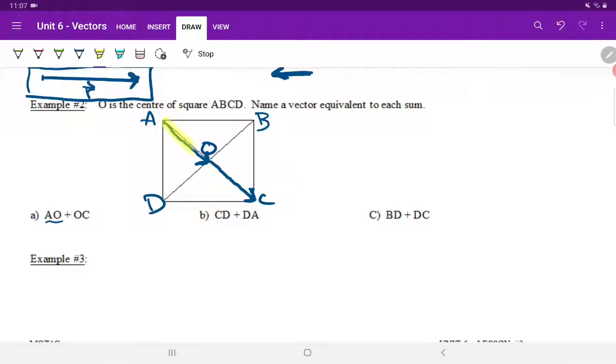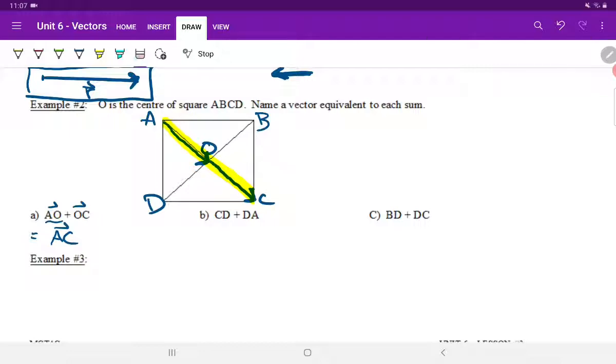Well, how about the vector that spans across that entire line there, that entire diagonal? So let's say that it equals AC. And there should be a little vector arrow above them. Okay, so it just equals AC.